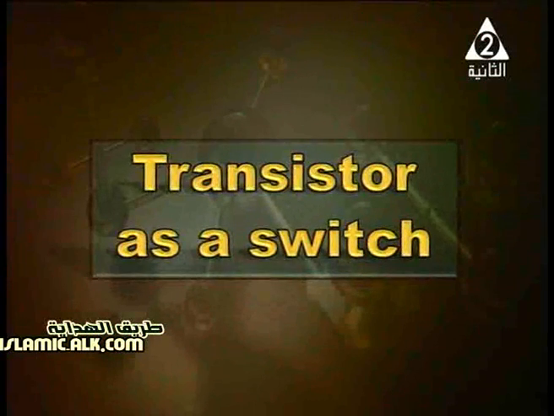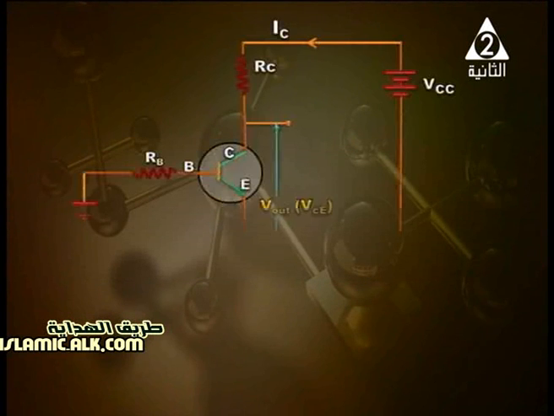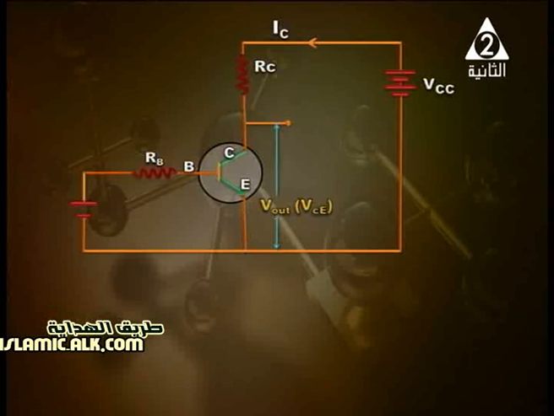And now we'll talk in detail about the function of the transistor as a switch. In front of you, we've got a circuit, and there is something very important. You should focus on the base, because the base controls the device.